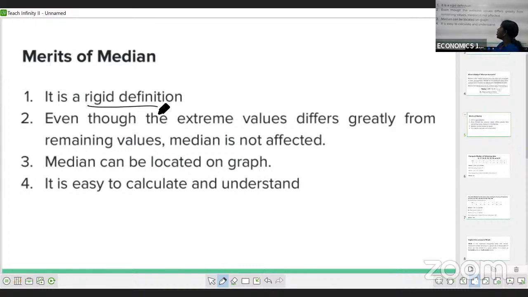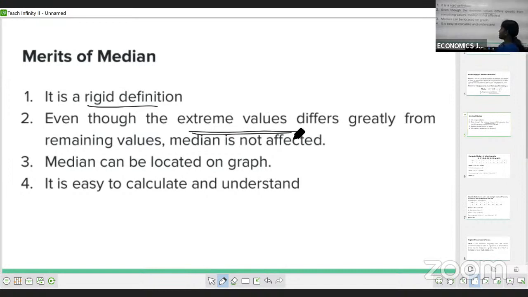And whatever extreme values differ greatly from the remaining values, the median is not at all affected. Whatever extreme numbers are given, the median is not going to be affected.